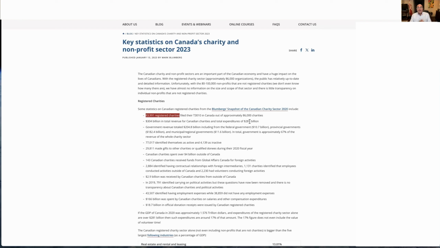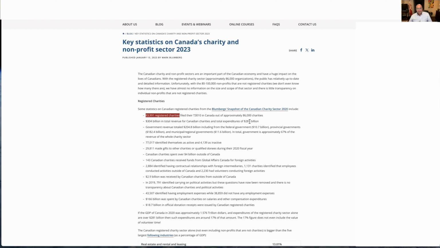But when you have a charity, any amount of money that you are receiving under the name of donation from any individual or any corporation is going to be automatically removed from the amount of tax that a company or a person has to pay. This is why many charities work with corporations as well.